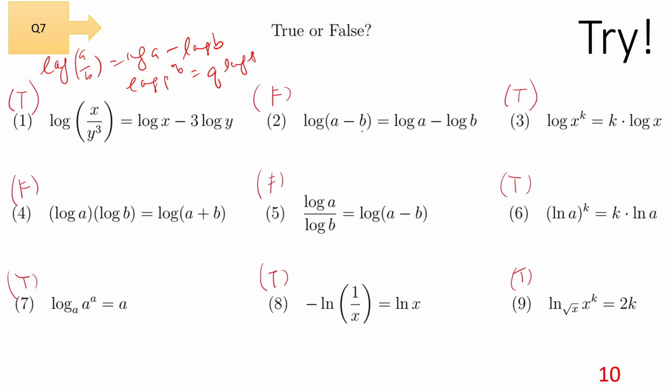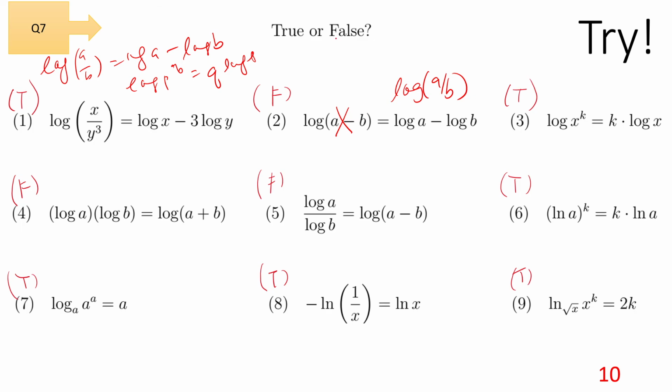For log of a minus b, does it equal log a minus log b? This is a common mistake some students make, because when they are desperate, they want to separate the logarithm of a minus b. They always use the one on the right-hand side, but log a minus log b actually belongs to log a divided by b. We only have one, we don't have two, so this one is wrong, and we don't have any rules for changing log of a minus b or a plus b.